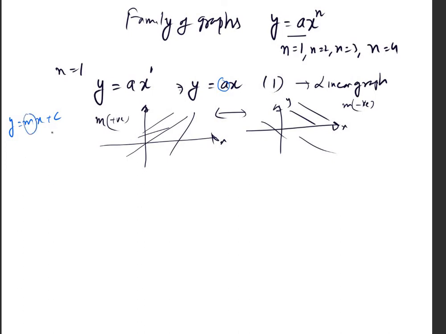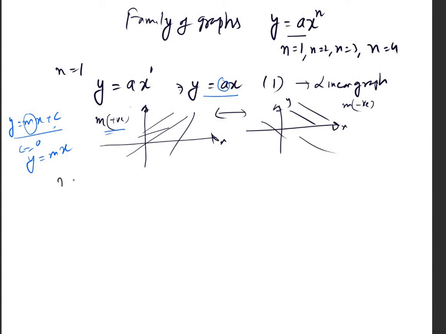So if c is 0, this line is reduced to y equals mx. Correct? So mx is nothing but ax. So a and m are equal. So a means the slope. Slope is positive or negative. So that's the basic graph of y equals ax, a straight line with either a positive slope or negative slope.